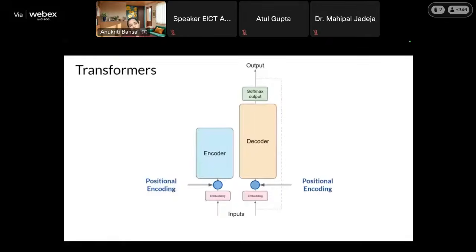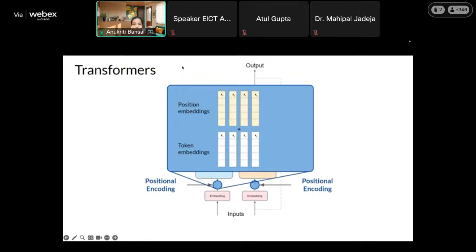So if I have 10 words, I can process all 10 together in parallel. I don't have to use sequential methods like LSTMs or RNNs. To have that sequential information, we add the positional encoding to these tokens. So if I have 4 tokens, I will have 4 position embeddings so that I know where these words are coming in my text.